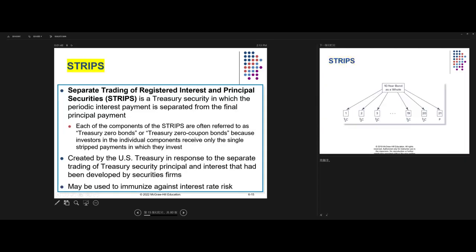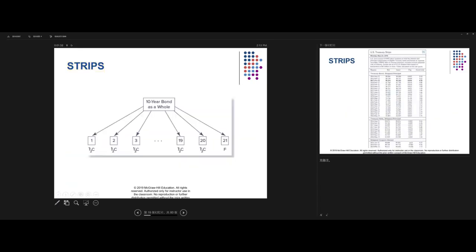And then after that, strips is the second most important topic in the first class. You know how strips are working. Basically, it's just each cash flow becomes a product. So separate all the cash flows associated with a treasury bond, and then make them strips.